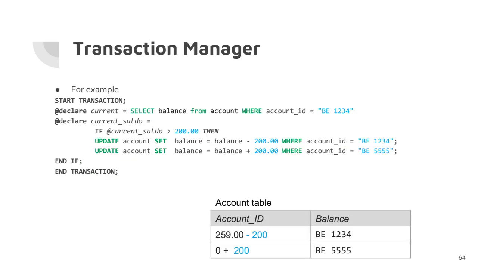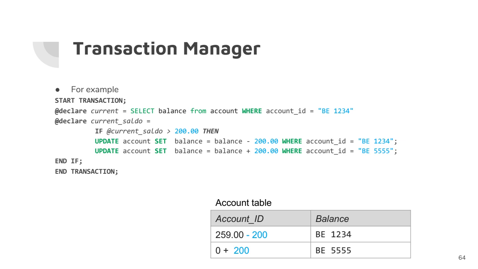Here's an example of a transaction, and it's very simple. I have an accounts table where I have different accounts, and I have the balance. Actually, the columns should be switched. So I have a bank account number, and a certain balance on the first account and a certain balance on the second account.